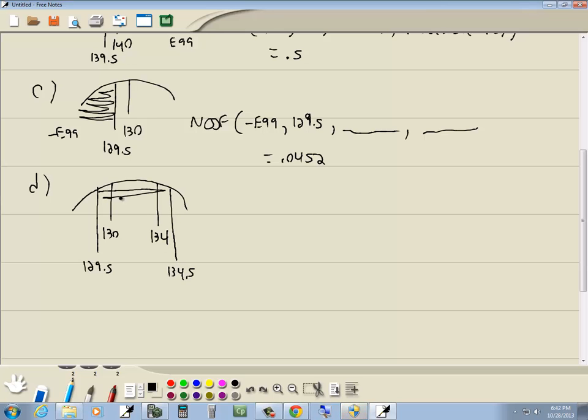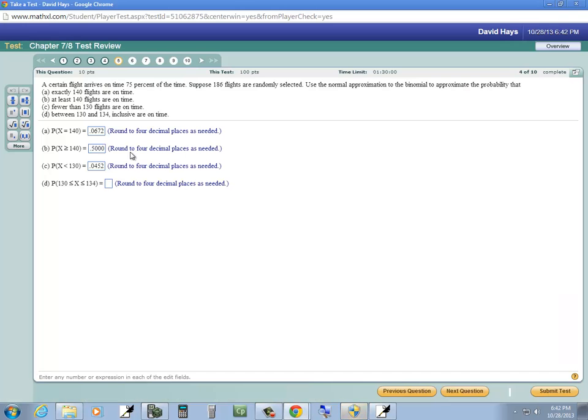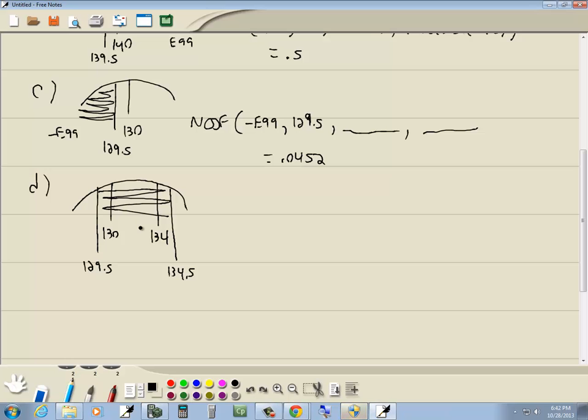And then we shade in between them. Our wording includes 130 and 134, so our shading should include it. If I had added 0.5 here, this would be 130.5, and if I shaded in between, well, our wording included 130, but our shading didn't. That's why we knew we had to subtract.